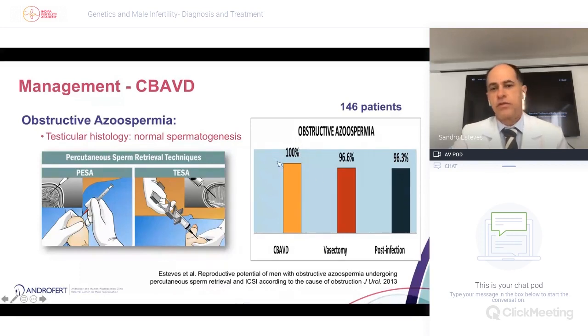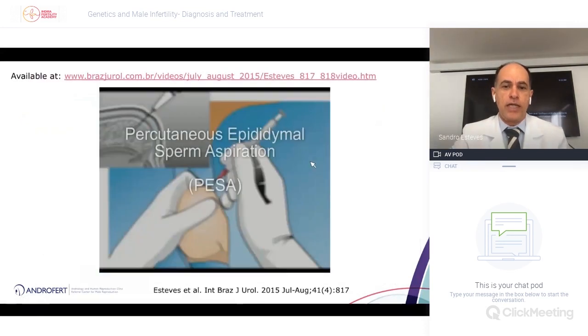The likelihood of finding sperm using percutaneous epididymal sperm aspiration or testicular sperm aspiration is 100% in patients with CBAVD, just stressing the fact that these patients have normal spermatogenesis.